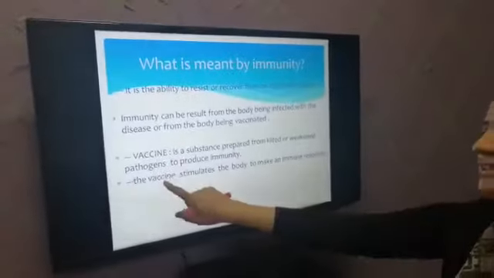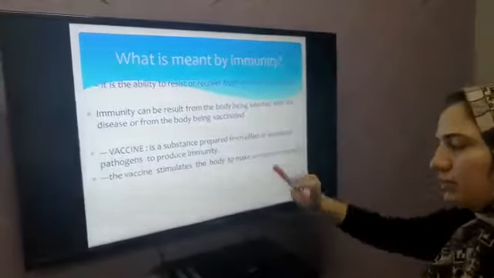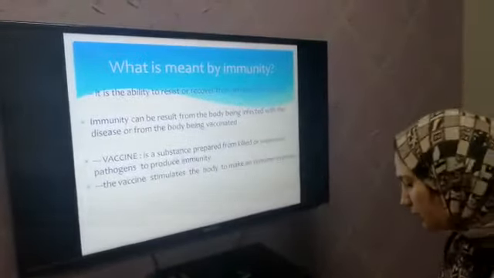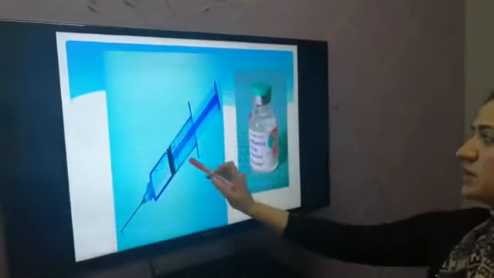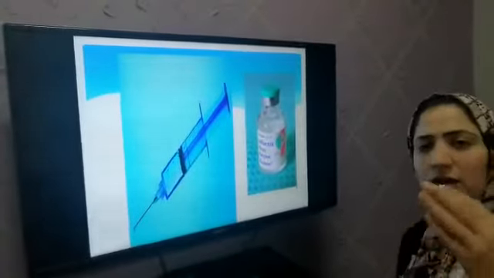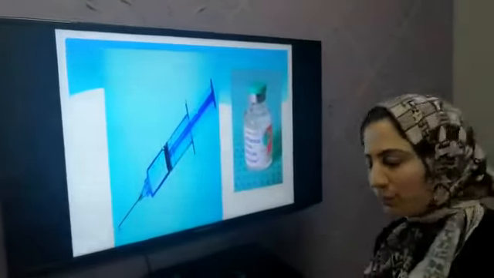The vaccine stimulates the body to make an immune response. This represents the vaccine that we can take to avoid infectious disease.